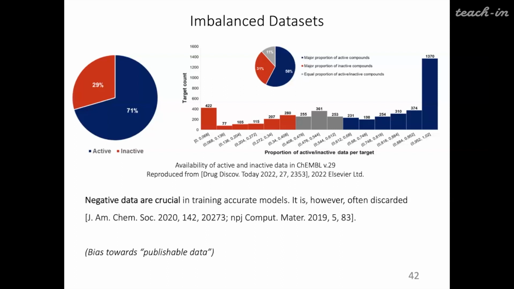This, however, leads to the problem of imbalanced data sets, and you can refer to this study. So basically, for some ligand targets, there is a significant imbalance in public data sets like Campbell.